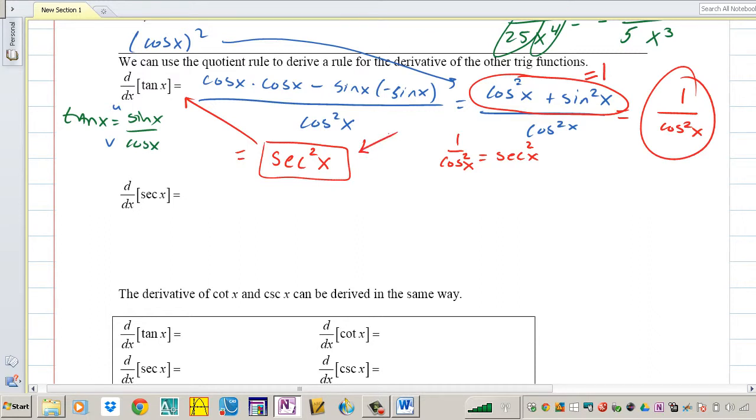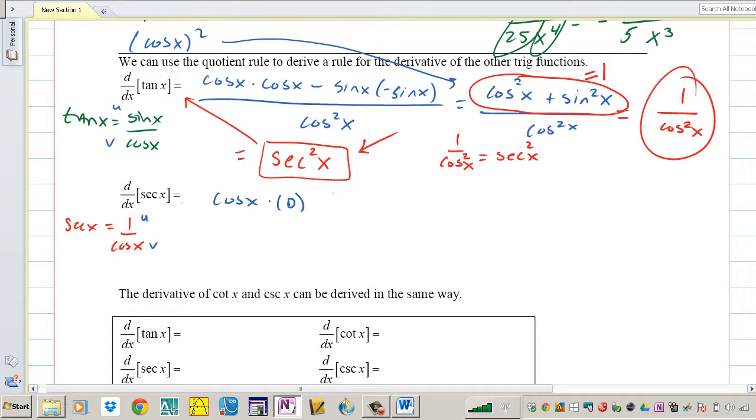Now let me do it with secant. Secant, we know, is equal to 1 over cosine. And then if you take the derivative using the quotient rule, you get the bottom times the derivative of the top, which is 0.